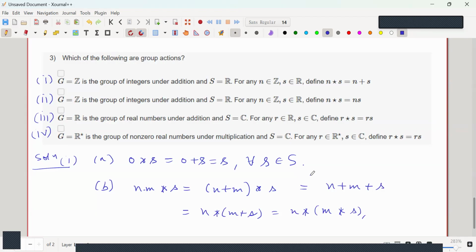And that holds for all n, m belonging to G and for all s belonging to capital S.